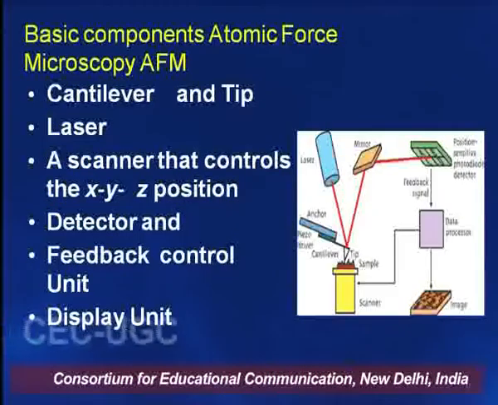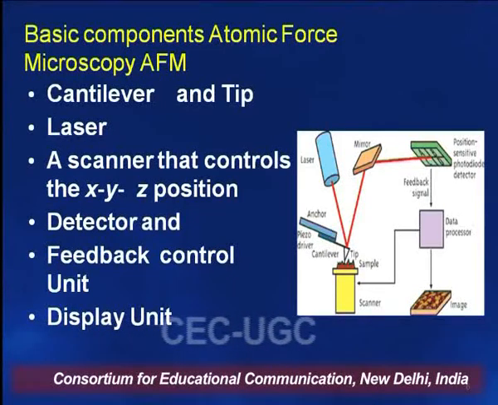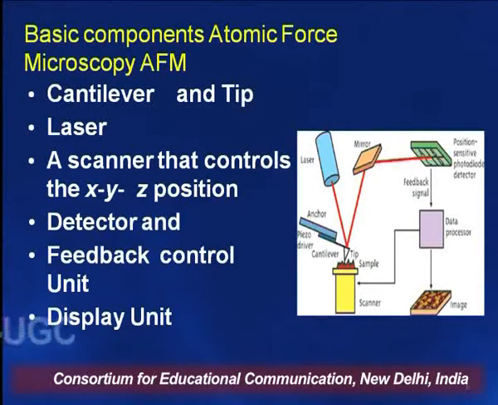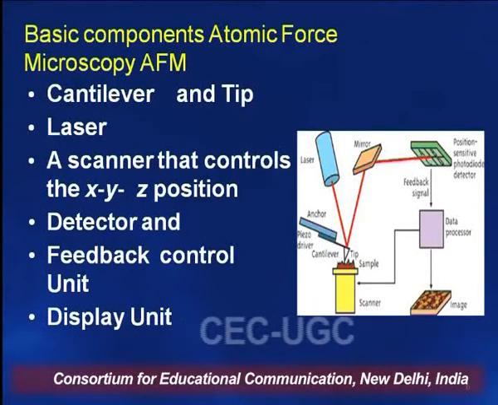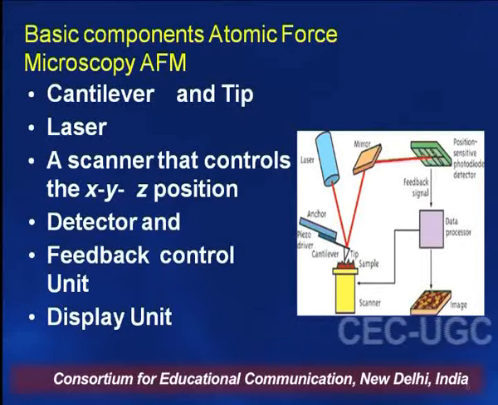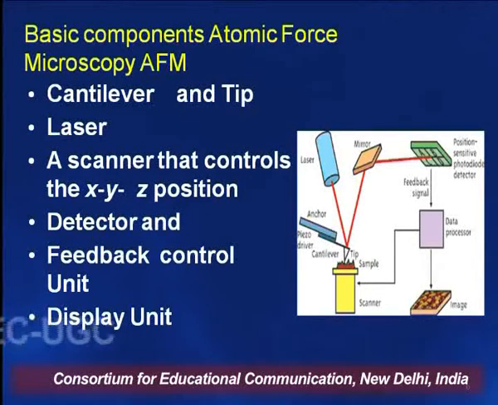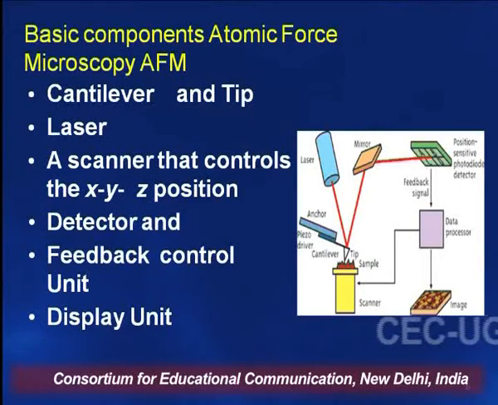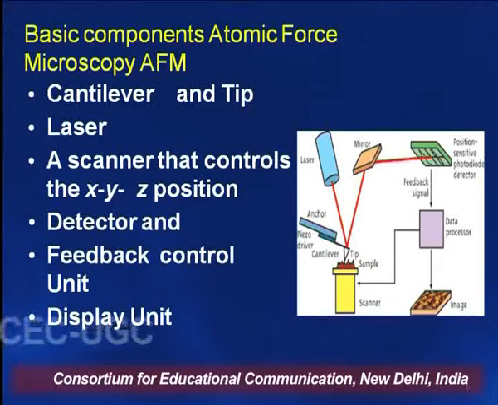Now the basic components of atomic force microscopy are the cantilever and the tip. The cantilever contains the tip. Second most important is the laser that exerts a force on the cantilever. This cantilever moves on the surface. The tip is attached to the cantilever. This is like a micro sensor, and it is of nano size.